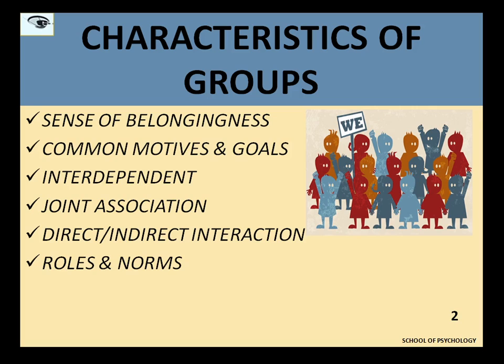When we talk about something called a crowd, which is also nothing but a collection of people, it is not something that we can term as a group, because a collection of people can be anywhere, and they really don't have a sense of belongingness, or they might not have the same goal, or they're not working towards a goal essentially.